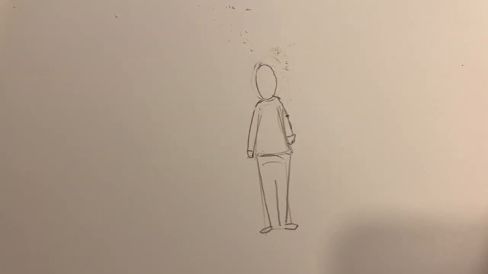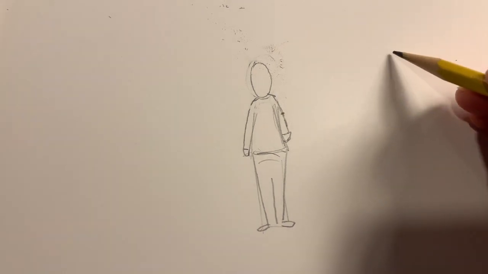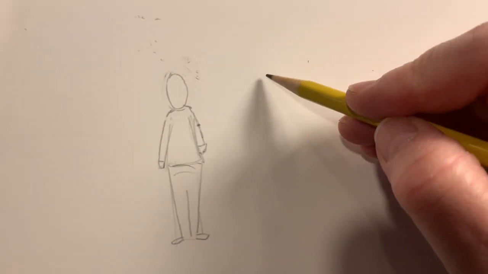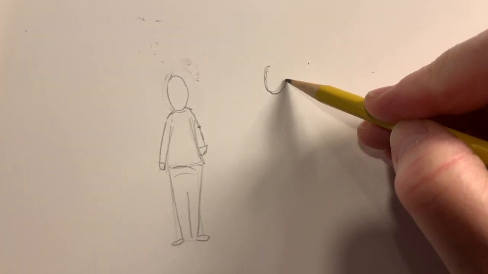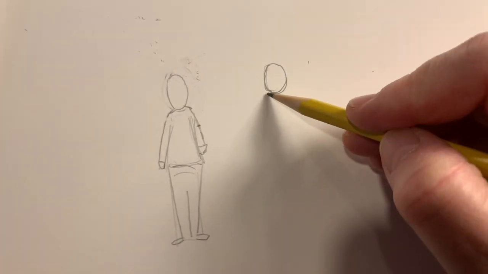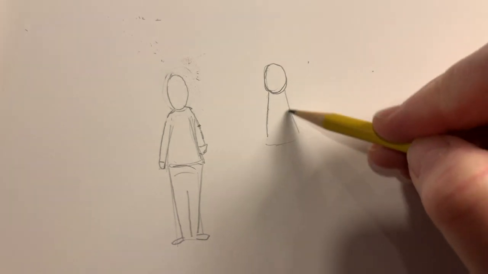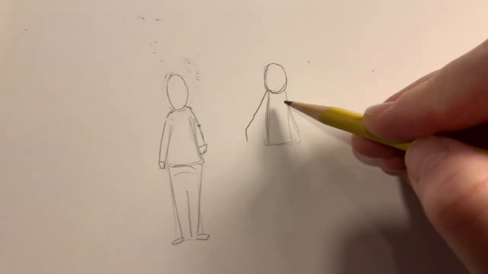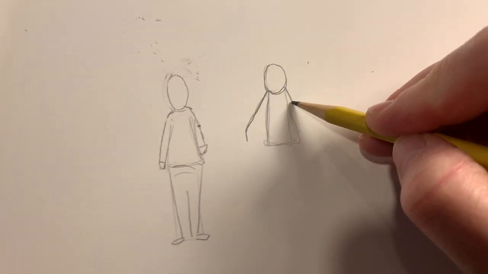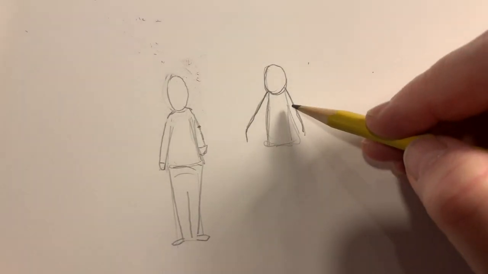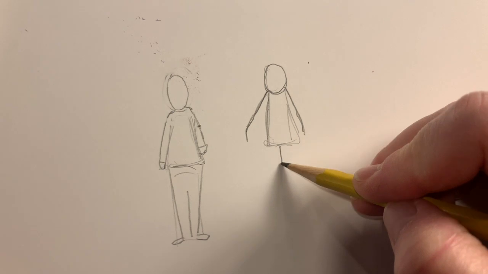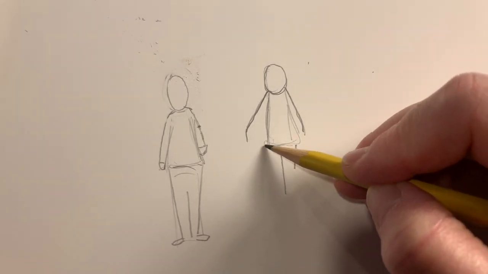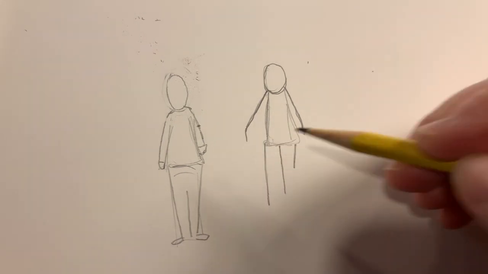Let's see. You could draw a circle. And then sort of a shape of the body. Draw one line down the middle, maybe one over here, and then a longer line here.